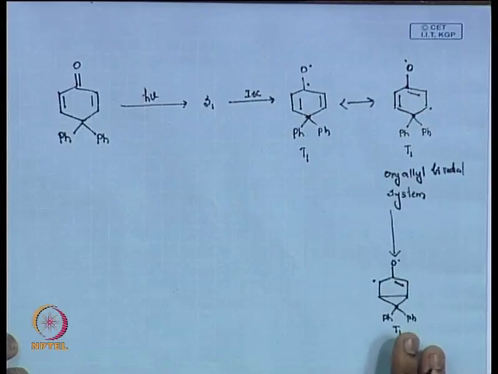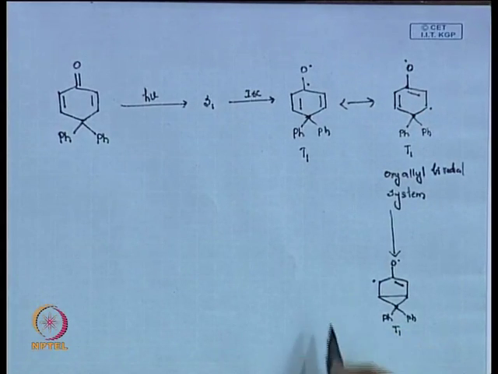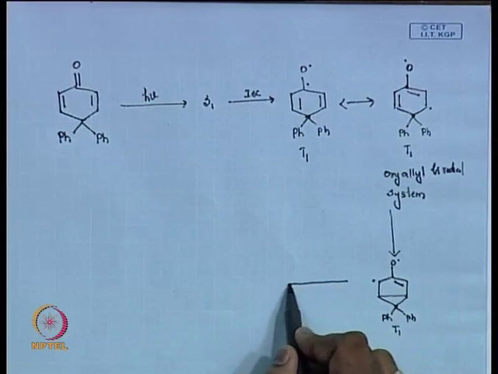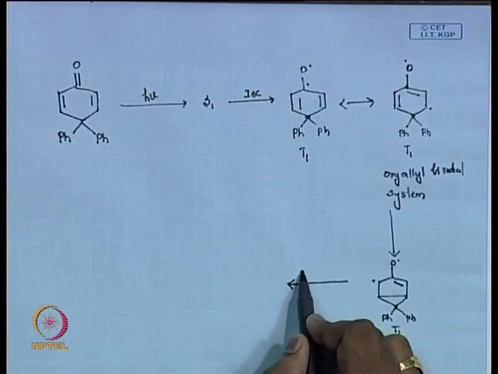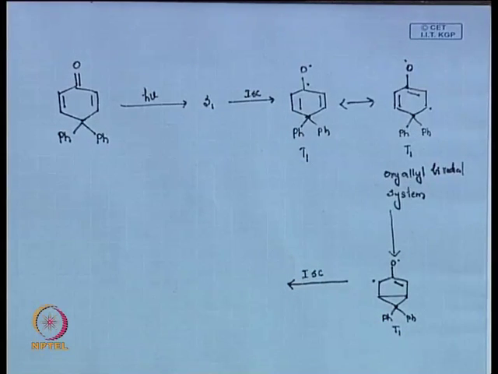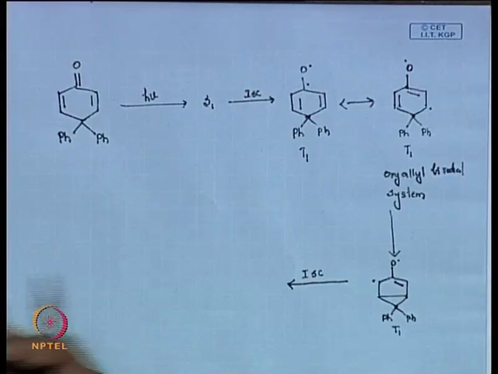The whole chemistry is now working in triplet. Now, this particular compound, this is very nice, undergoes again an inter-system crossing, very rare example, from triplet to singlet. This is very hard to see; most of the time you will see molecules moving from singlet to triplet.